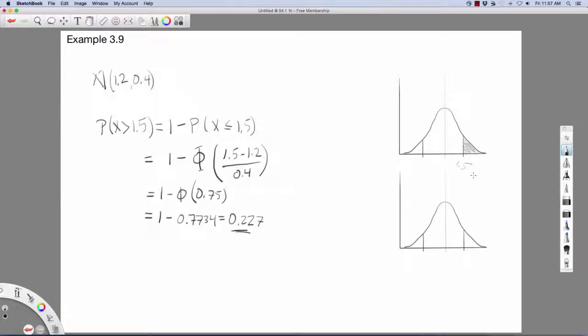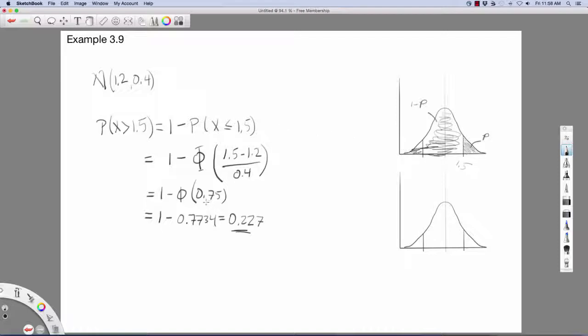But the way the tables are structured in the back of the book, it's easier to ask the opposite question: what's the probability that it is less than or equal to 1.5? We know the whole area underneath this curve is equal to 1, so we subtract 1 minus the probability in here. So this probability is, let's say, p, and this probability here is 1 minus p. That's what we're doing in this first part.